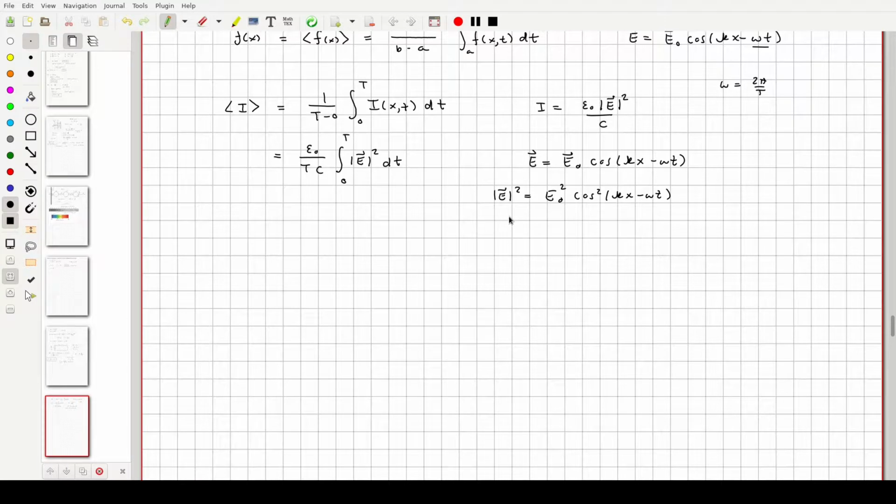Now, what I'm going to do before I put this back in our integrand and integrate is to massage this a little bit, specifically looking at the trig part, cosine squared of kx minus omega t. I can get from a squared cosine to a cosine that's not squared using the following trig rule.